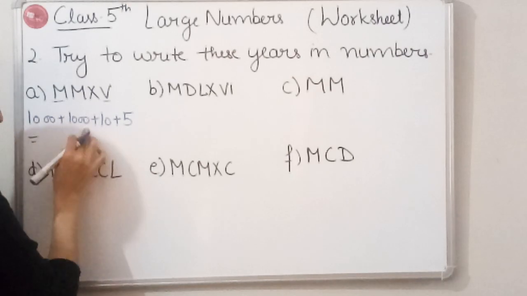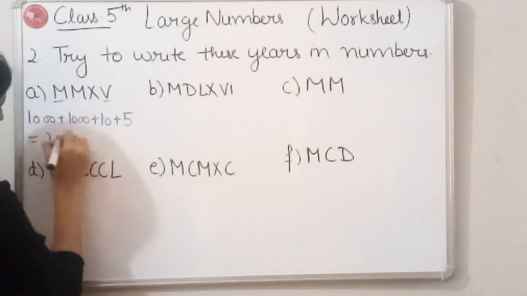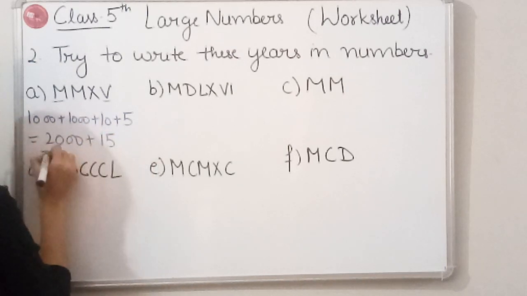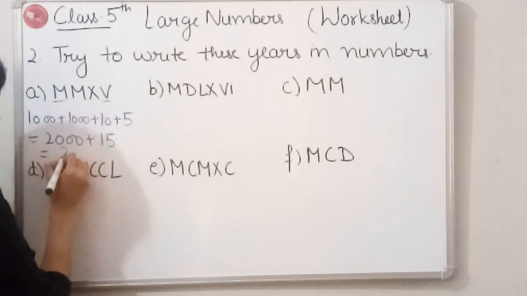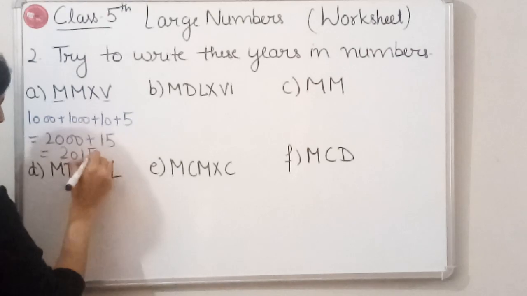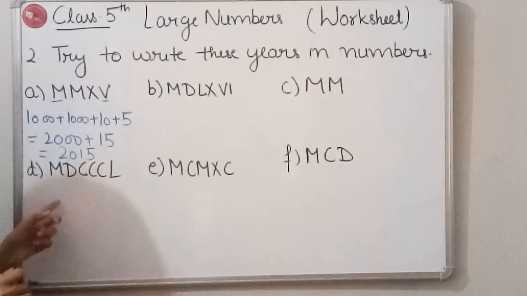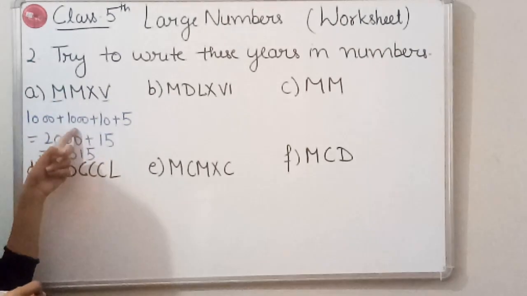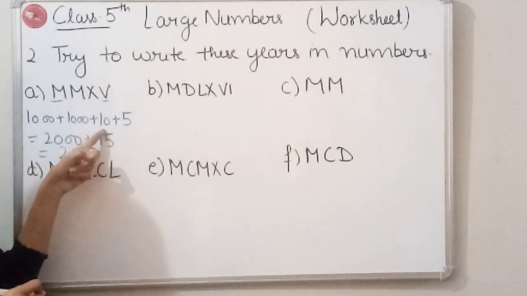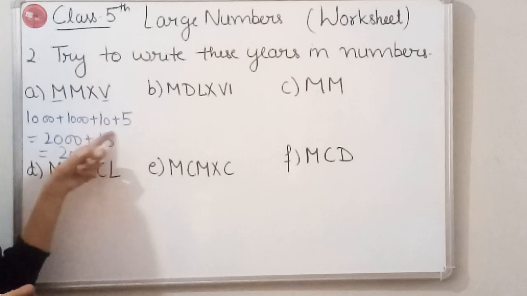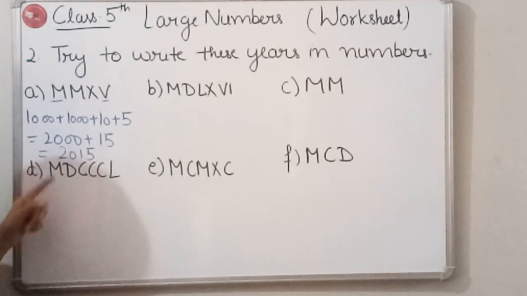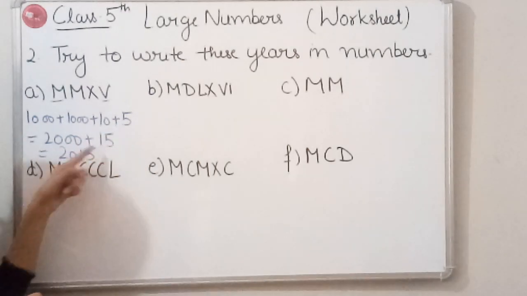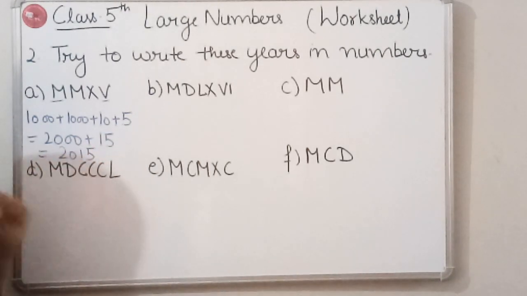So 1000 plus 1000 is 2000. 10 plus 5 is 15. So 2000 plus 15 is 2015. So children, here we have written the value of M, then again the value of M, value of X, then value of V. Then we add them together. 2000 plus 15 is 2015.